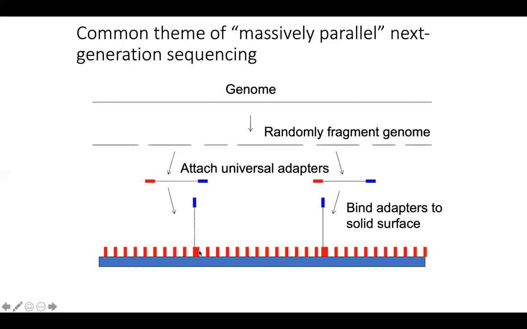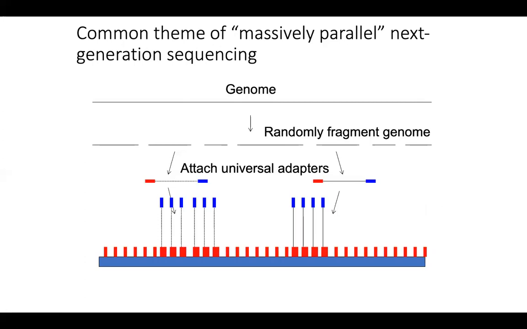There are little anchors consisting of single-stranded DNA on the surface that can bind our two sequences. And I tried to use these hatched lines and the solid lines to indicate that these are actually two different sequences. And then we amplify these fragments in place. So copies of this fragment stay close to one another, and copies of the other fragment also stay close to one another. And then we can also sequence those fragments in place.